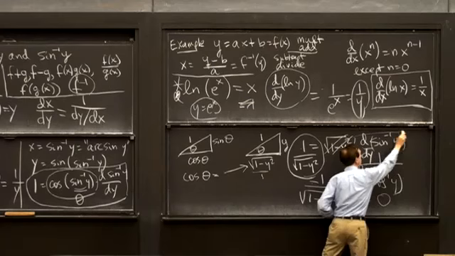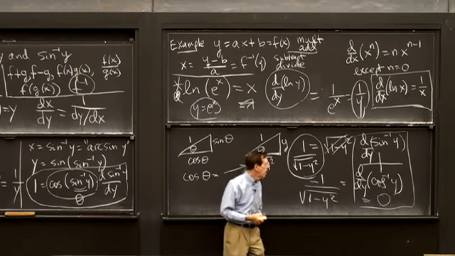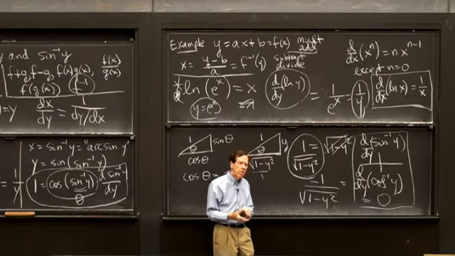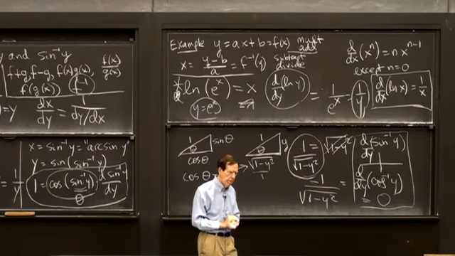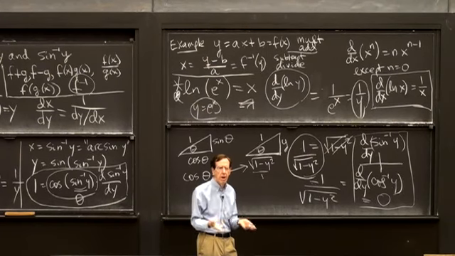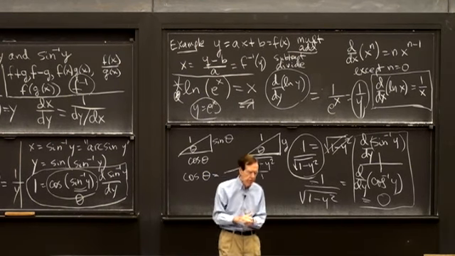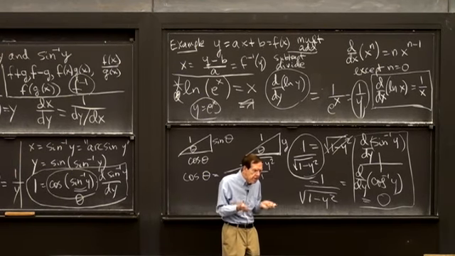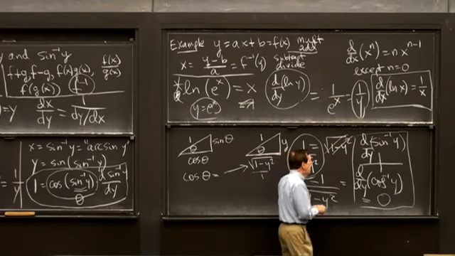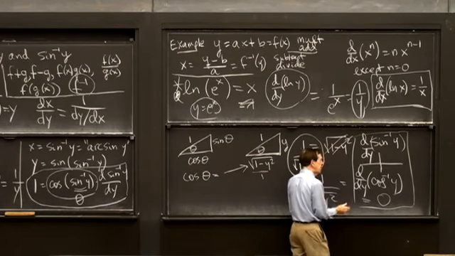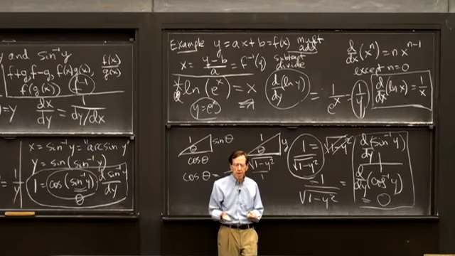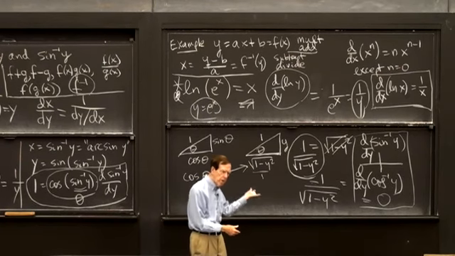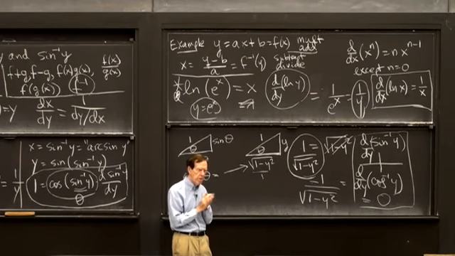So how could that be? Have you ever thought about what functions have derivative 0? Well, actually you have. You know what functions have no slope. Constant functions. So I'm saying that it must happen that the arcsine function plus the arccosine function is a constant. Then its derivative is 0, and we're happy with our formulas.